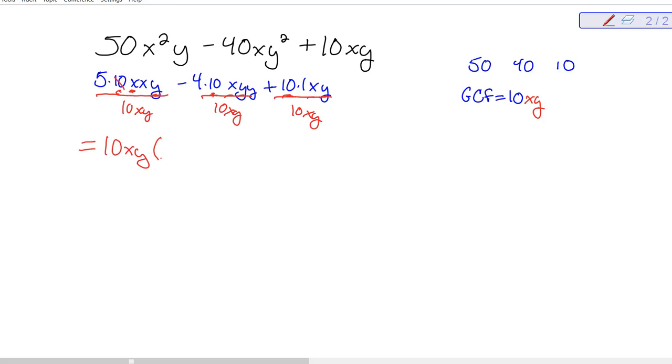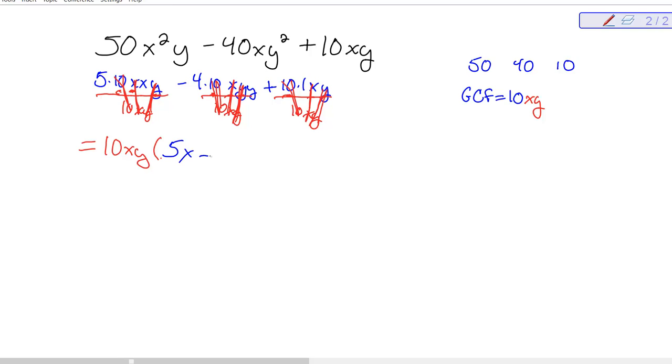So let's see here. My 10's cancel, an x cancels, and a y cancels. A 10 cancels, an x cancels, and a y cancels. A 10 cancels, an x cancels, and a y cancels. So we're left with, in this first term, a 5 and an x.